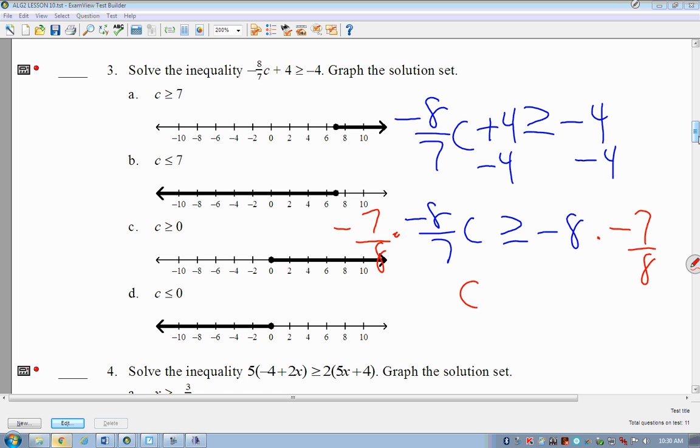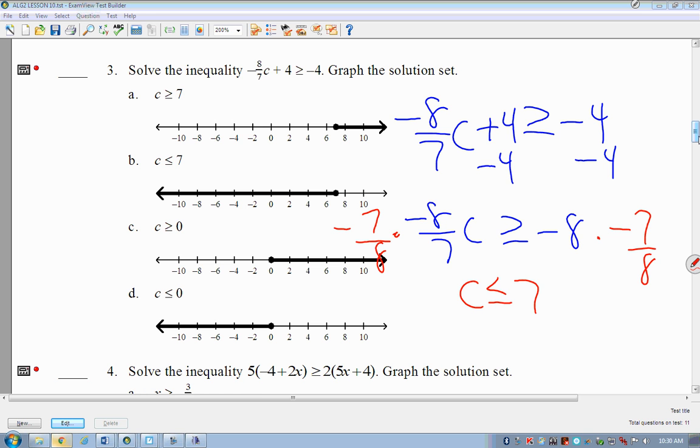Now, have I multiplied by a negative? So what's the first thing I want to think about? Flipping the sign, right? So what's negative 8 times negative 7? Actually, you should be able to determine, are these going to cancel out? And I'm going to be left with a positive 7, right? Okay, because I'd get positive 56.